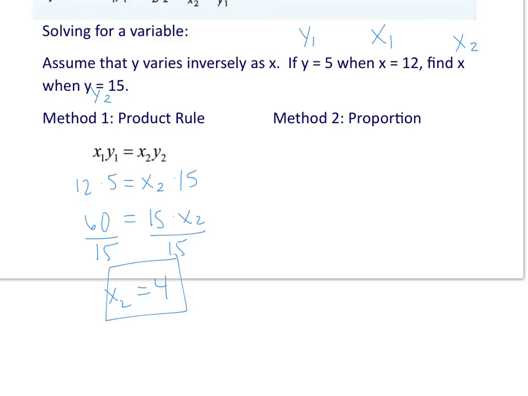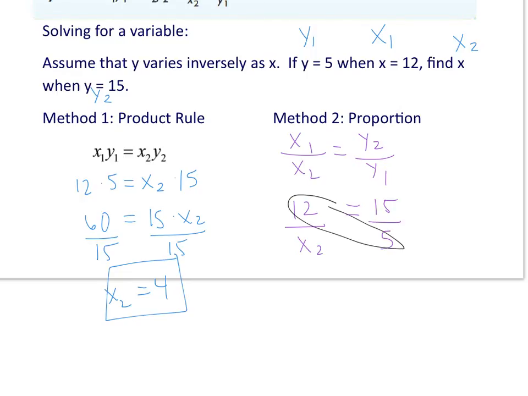Or we could use method 2, which is setting up a proportion. This is saying x sub 1 over x sub 2 has to be equal to y sub 2 over y sub 1. Now we can solve for x sub 2 this way, and we should get the same answer. So x sub 1 is 12 over x sub 2, which is our unknown, and that's equal to 15 over 5. Here we can look at cross products, so 12 times 5 has got to be equal to 15 times x sub 2, which is right what we were at up here, right?